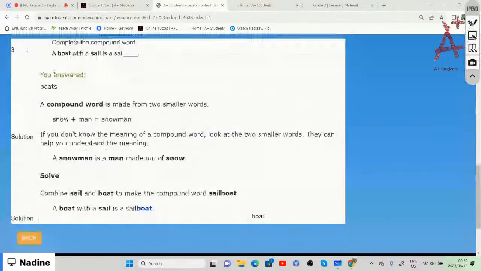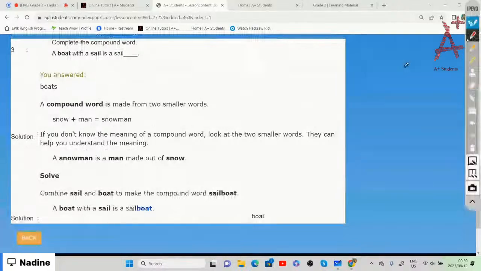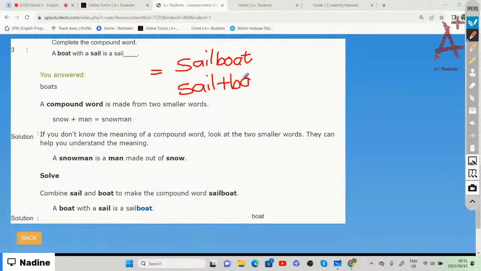A boat with a sail. We call that a sailboat, right? So a compound word is sailboat. And the two smaller words that we had to put together in order to get the compound word are sail plus boat.